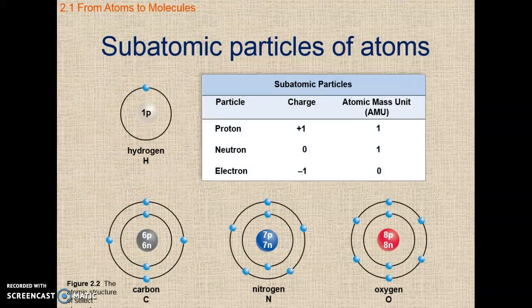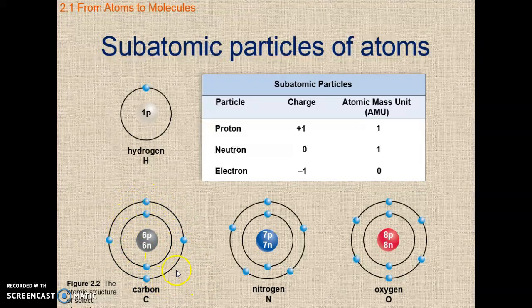Now I mentioned location, and the location is very important in terms of having the nucleus here. That's where you'll find the protons, and then the electrons are going to orbit outside of the nucleus, and they're going to stay in those orbits.